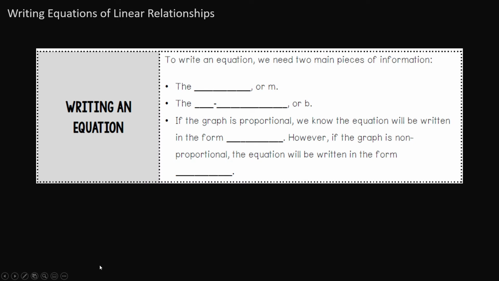When we write equations of linear relationships, basically lines on a graph, we have to understand there are two main pieces of information. There's the slope, or m, and remember slope is just your rate of change. This could be a unit rate, or just a rate in general.